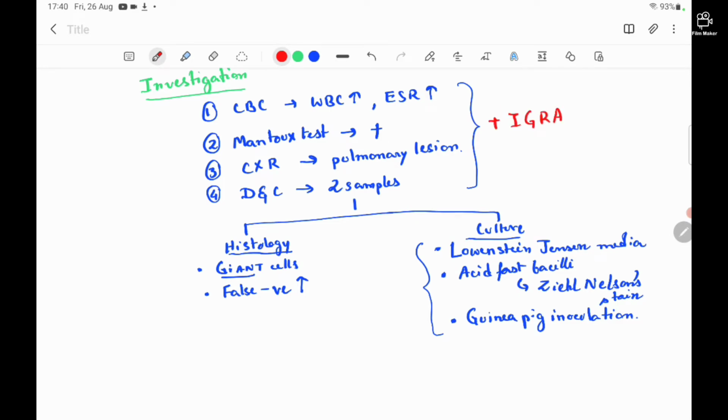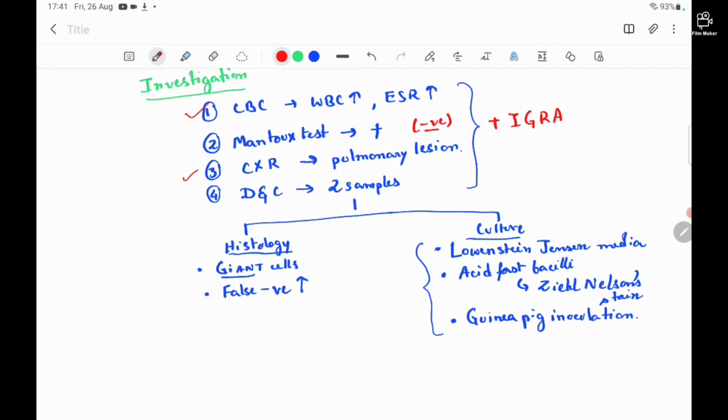Now at some times, I have myself experienced it. Sometimes there is negative result in the Mantoux test, but all the findings like the CXR, the CBC, all the findings are suggestive of tuberculosis. So basically that is a false negative result.